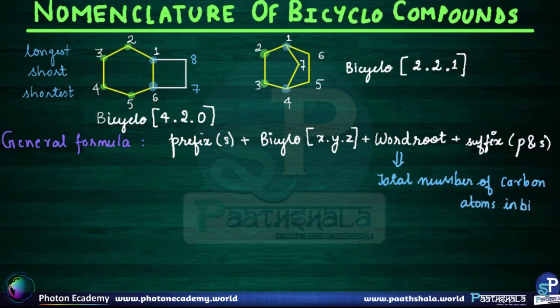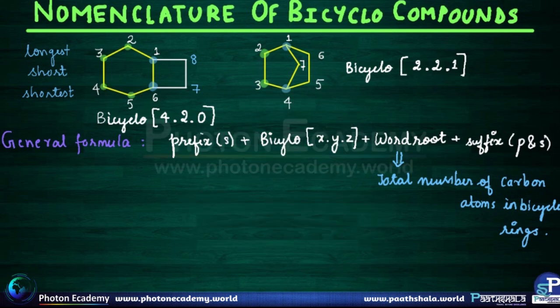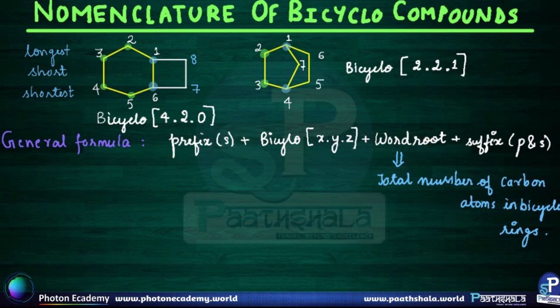In the first bicyclic ring, there are a total of 8 carbon atoms present. So the name for this compound will be like this, let's take this as the general formula. There is no prefix over here. Only after bicyclo we need to write the word root. The word root will be octane because there are 8 carbon atoms present, and there are no primary and secondary suffix.